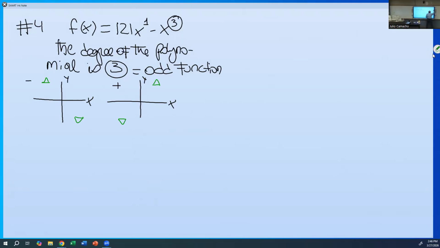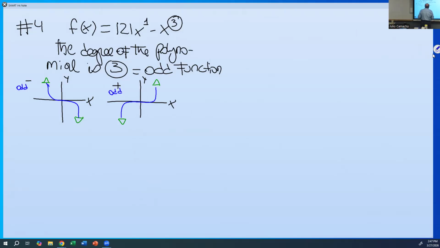We know that. We went over this over and over, and I will give you a generic shape of this function. Come this way, and this one will come the same way. So that is the negative odd, and that is the positive odd function.